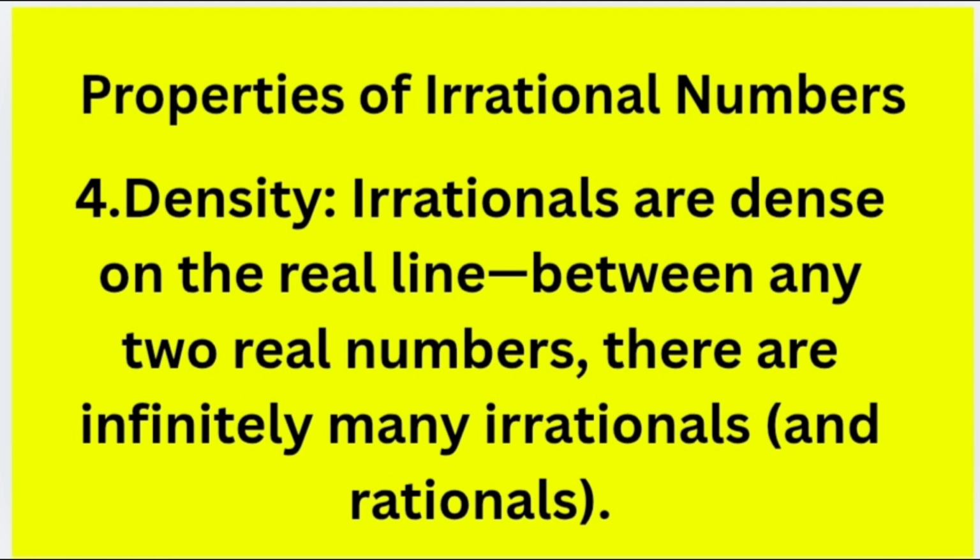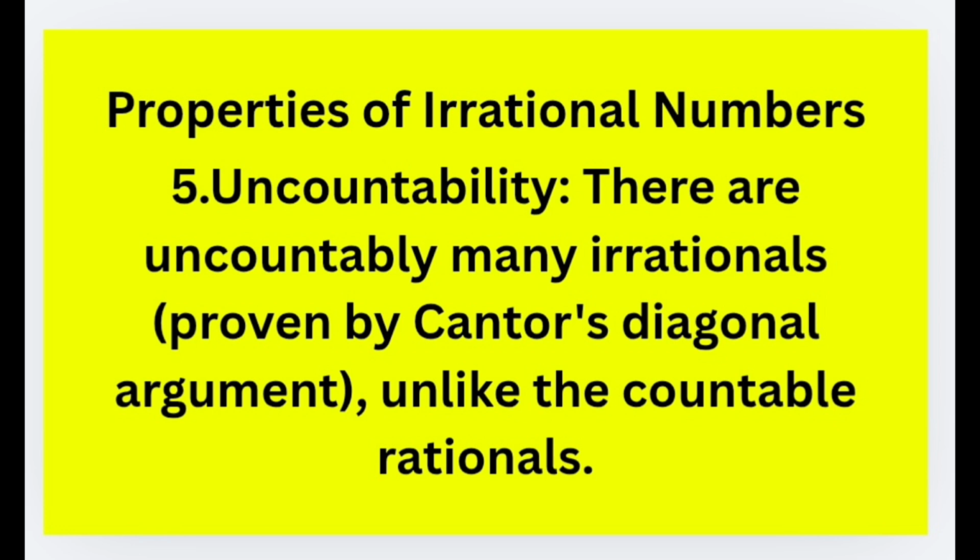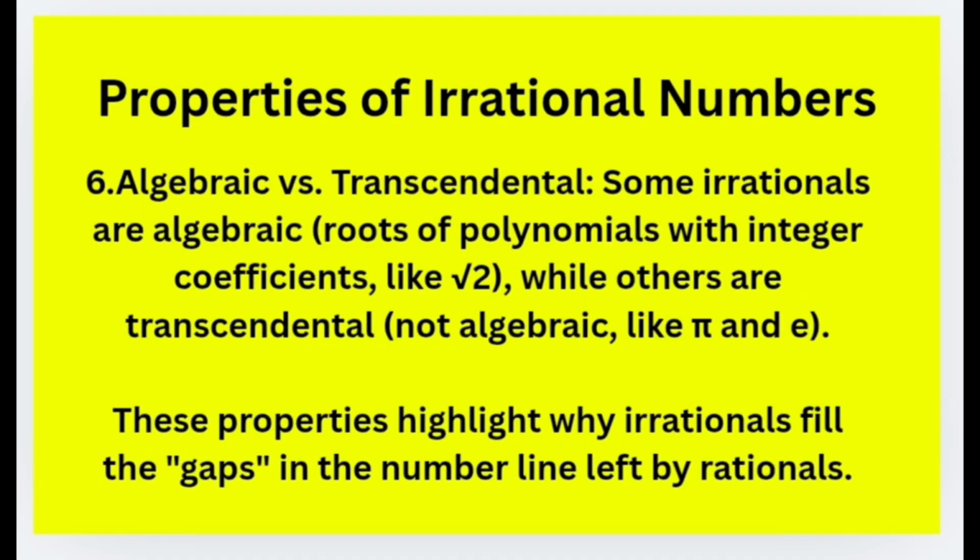Irrationals are dense on the real line between any two real numbers. There are infinitely many irrationals and rationals. The fifth property, uncountability. There are uncountably many irrationals, as proven by Cantor's diagonal argument, unlike the countable rationals.